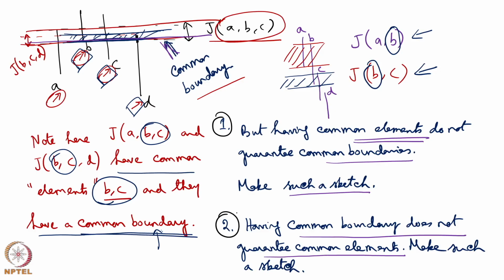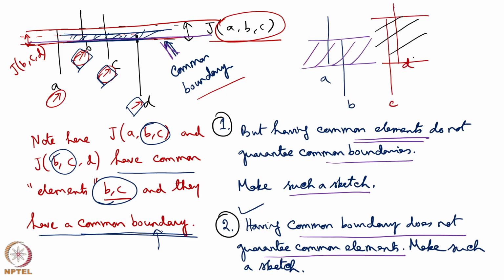Now, the second one, having common boundary does not guarantee common elements. Let us try to understand it. So, here I have given the example of case 2, A and B are 2 taxa and J A,B is shown here, and C and D are the other 2 taxa.